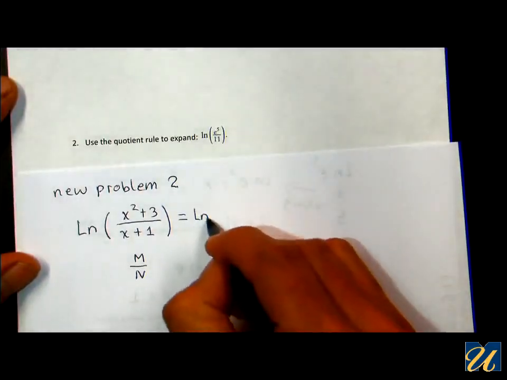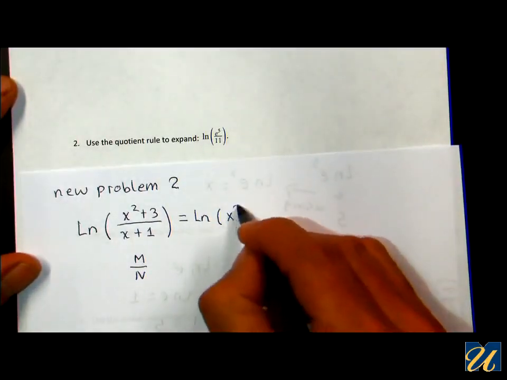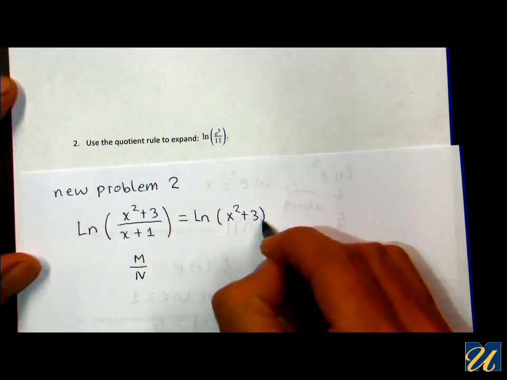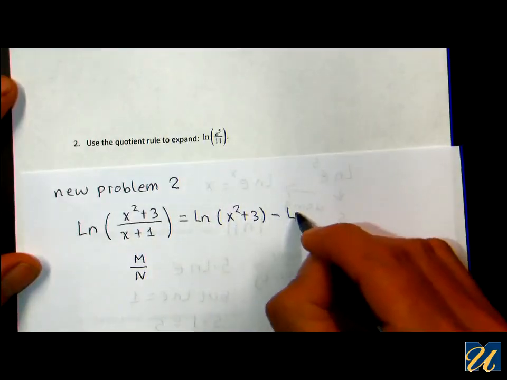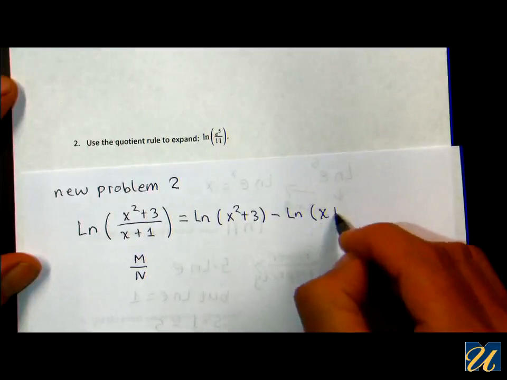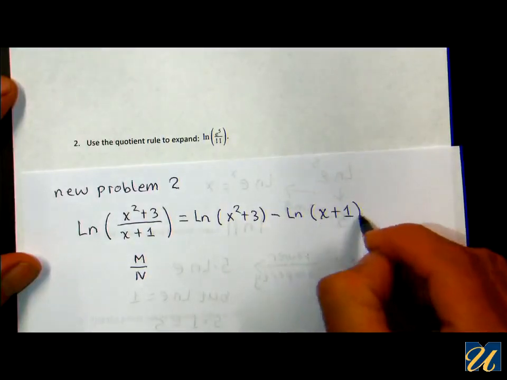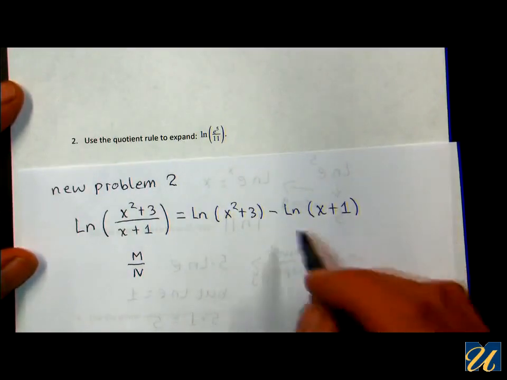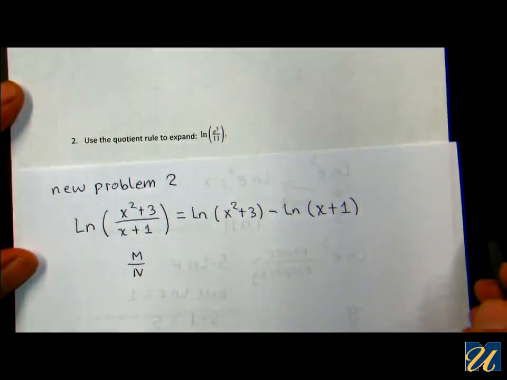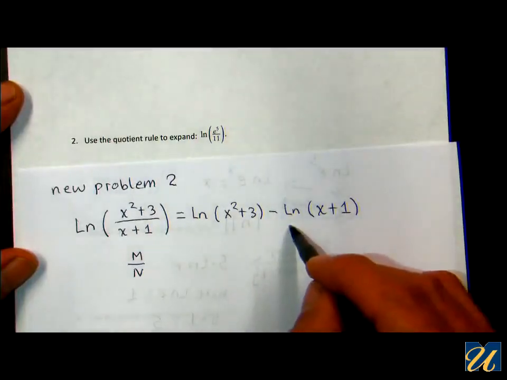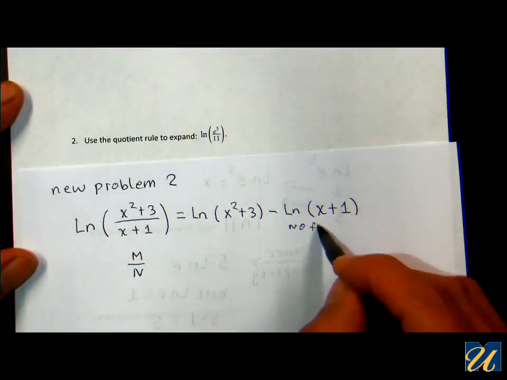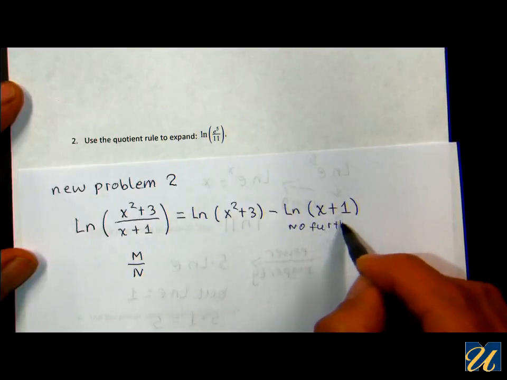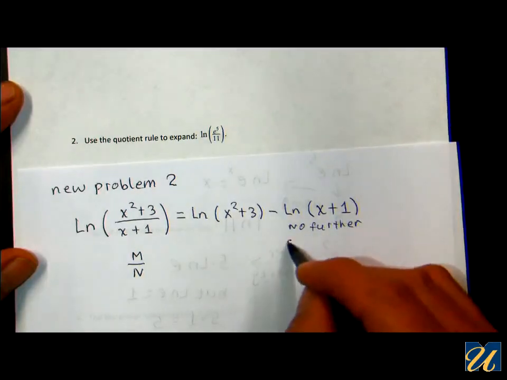This is the logarithm of the numerator, x squared plus 3, minus the logarithm of the denominator, x plus 1. Now, as I mentioned in the PowerPoint slide, never, ever, ever distribute here. That is invalid math. So this cannot be simplified. No further simplification.